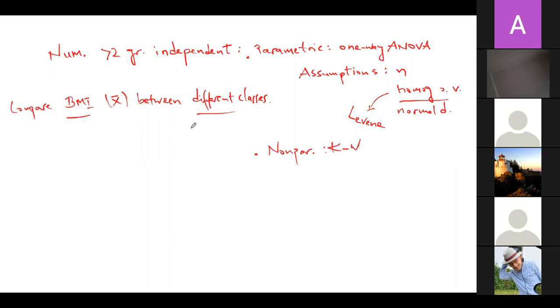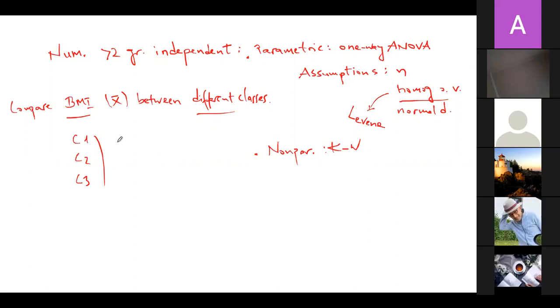But if there are three classes, class 1, class 2, and class 3, and ANOVA tells you that there is a difference, you will ask: is there a difference between class 1 and class 2? Or between class 1 and class 3?